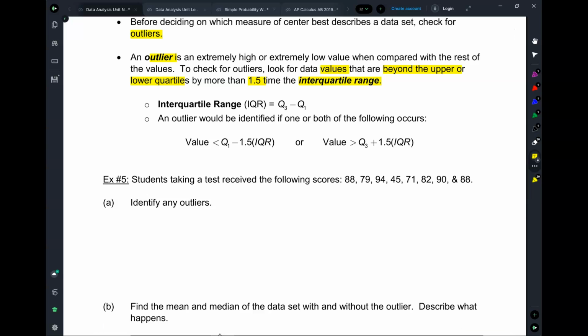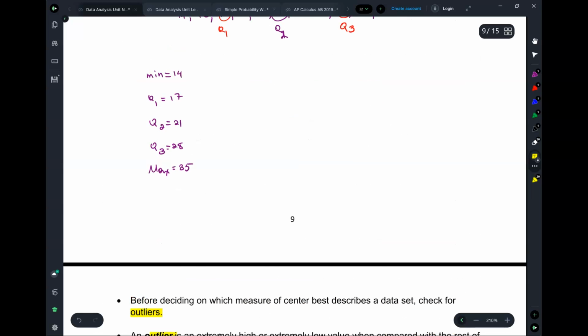All this seems like it's just words for somebody to impress their friends, right? But let's dig in and see what we're talking about. This interquartile range, conveniently labeled IQR, is basically Q3 minus Q1.